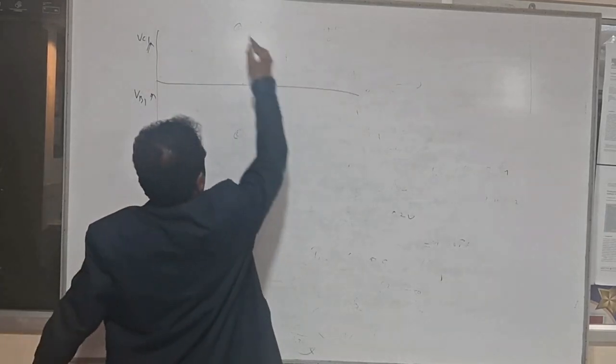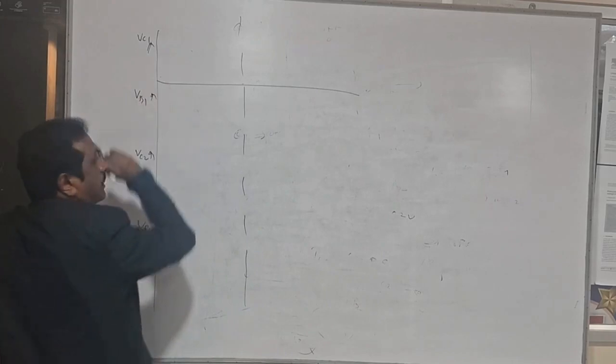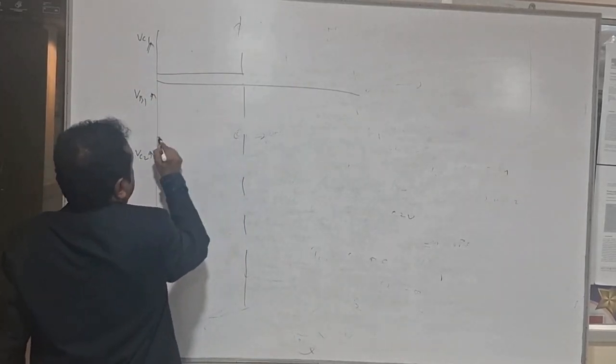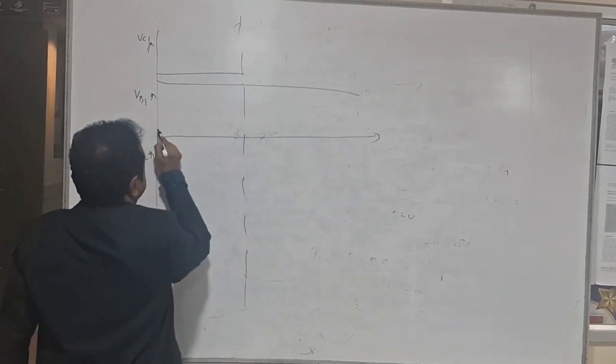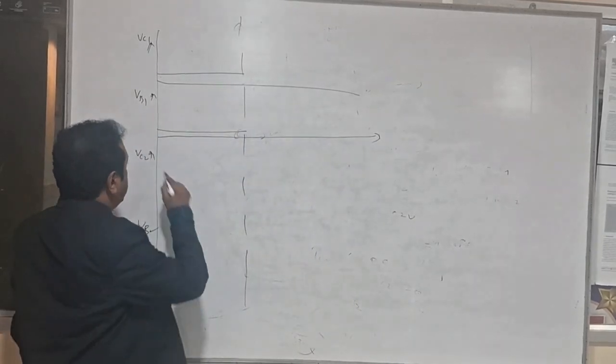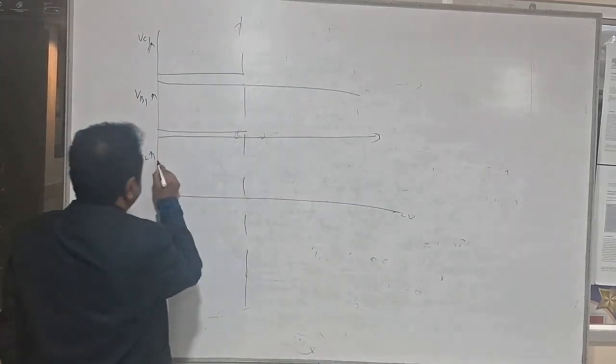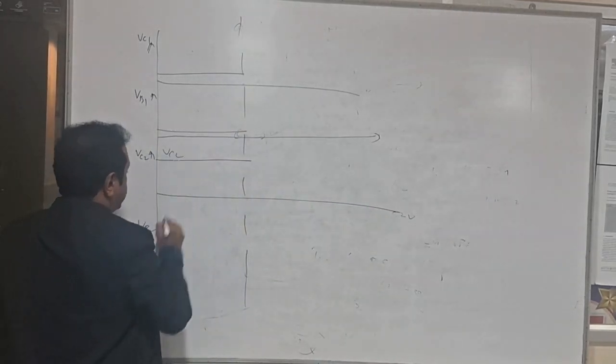In the initial state, we assume Q1 is on. So if Q1 is on, your collector voltage is VC saturation and base voltage is VB saturation. And Q2 is off, your collector voltage is VCC, base voltage is negative.